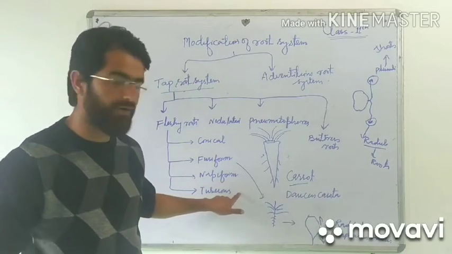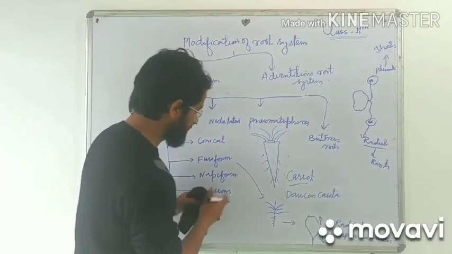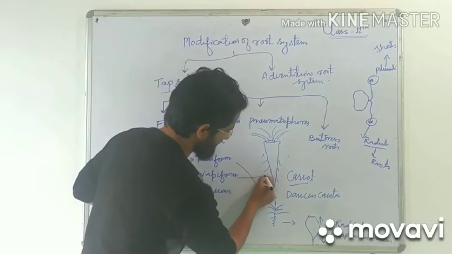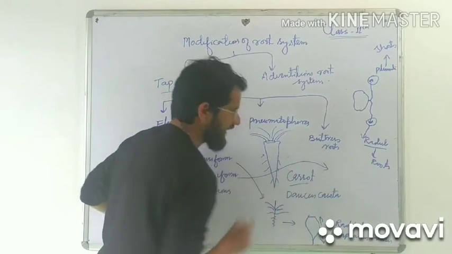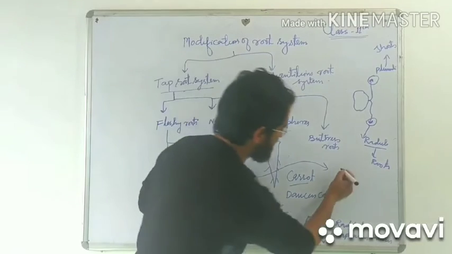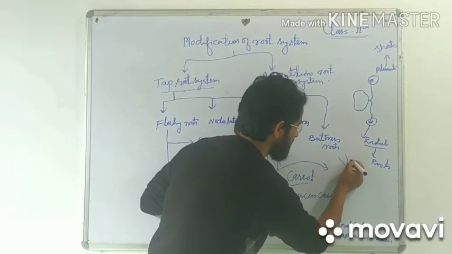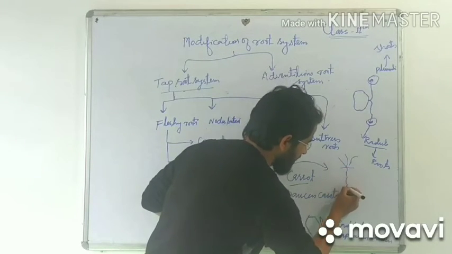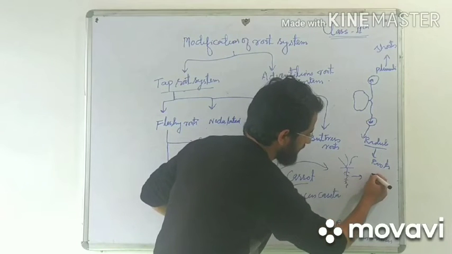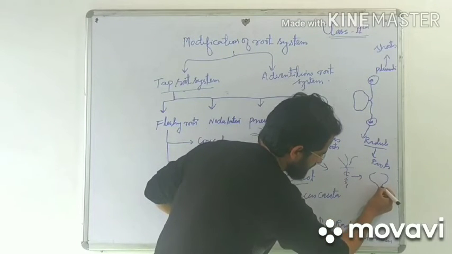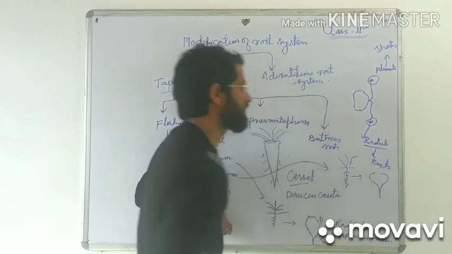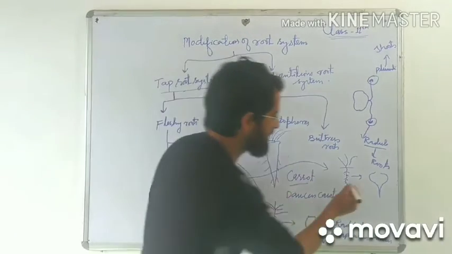Third is napiform. This is a normal plant. Its primary root gets modified, forming a structure like this.